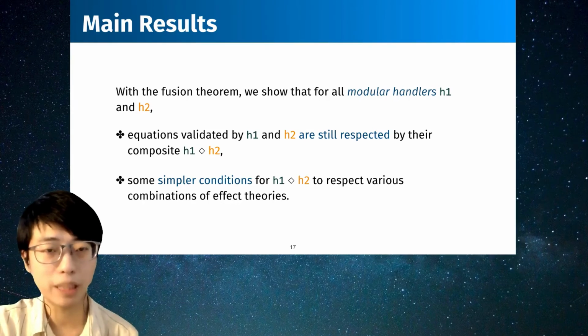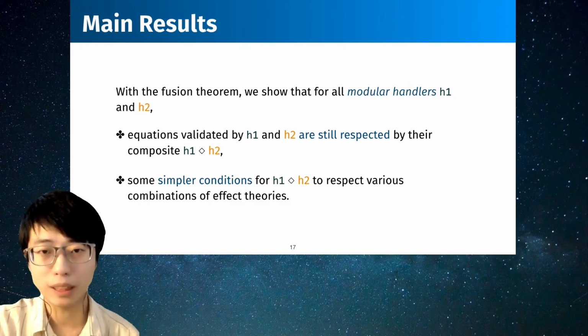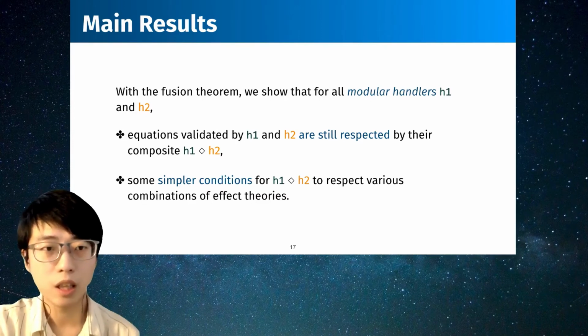But here you have to be careful. This only holds for modular handlers, and it's possible to construct counterexamples if H1 and H2 are not required to be modular. Moreover, if effect theories are combined with some interaction equations, we show some sufficient conditions for the sequential composite of two handlers to respect the interaction equations.